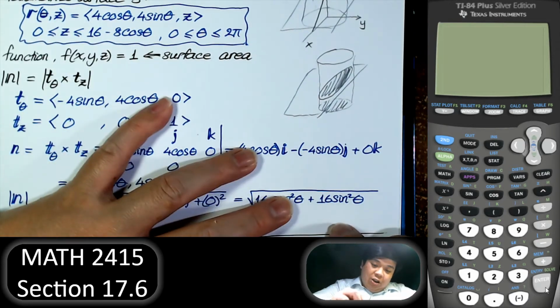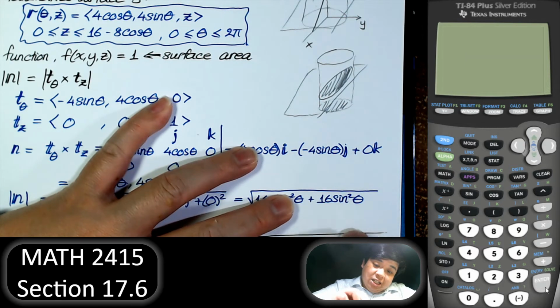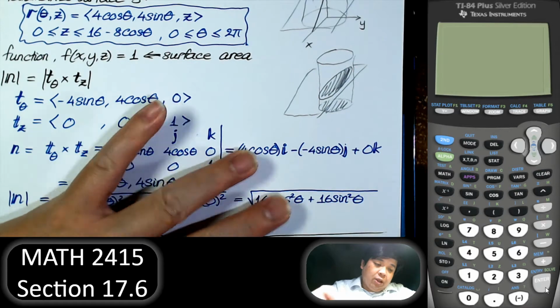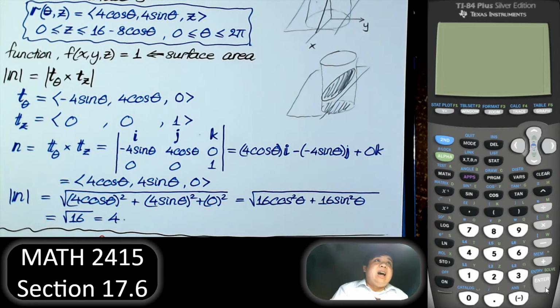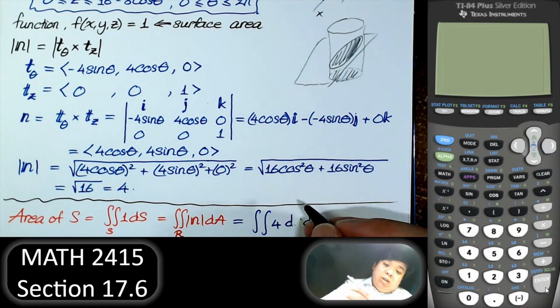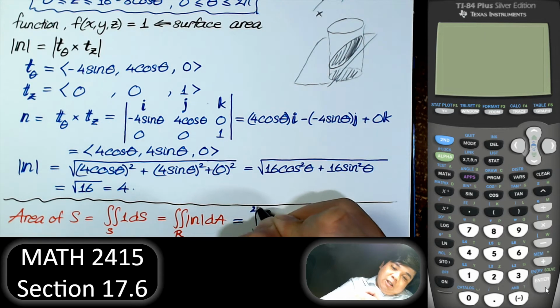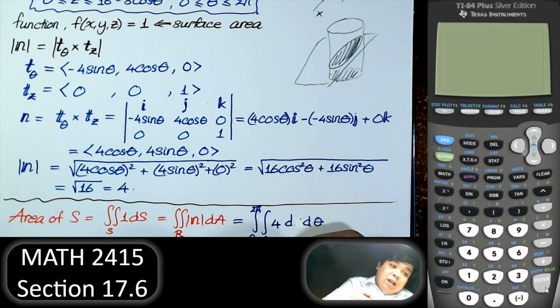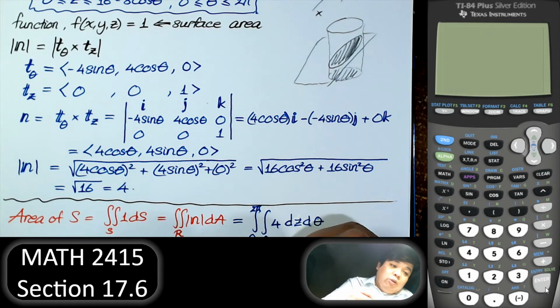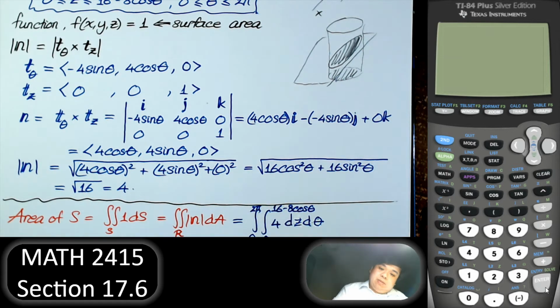So this is not d theta dz. It has to be dz d theta, because when we have limits like that, whatever is constant must be on the outside. And then dz goes from 0 to 16 minus 8 cosine theta.